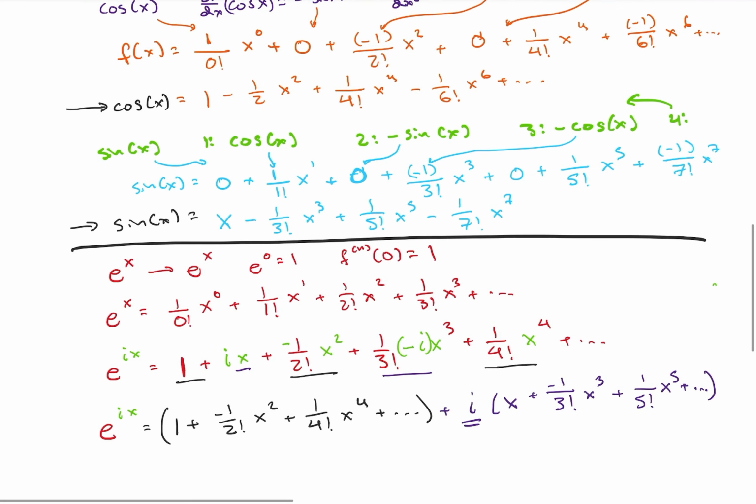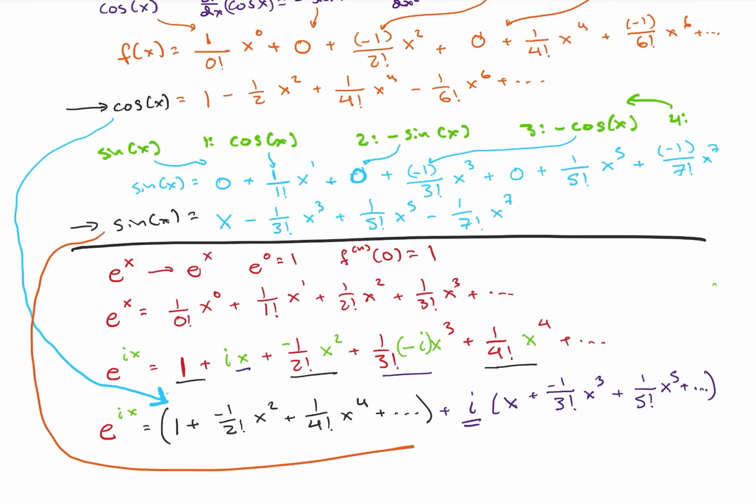And what I notice here is that I have exactly my cosine of x approximation right here. So this is my Taylor series approximation for cosine of x. And right here, I look at my sine of x approximation, and I have exactly that Taylor series approximation right there.